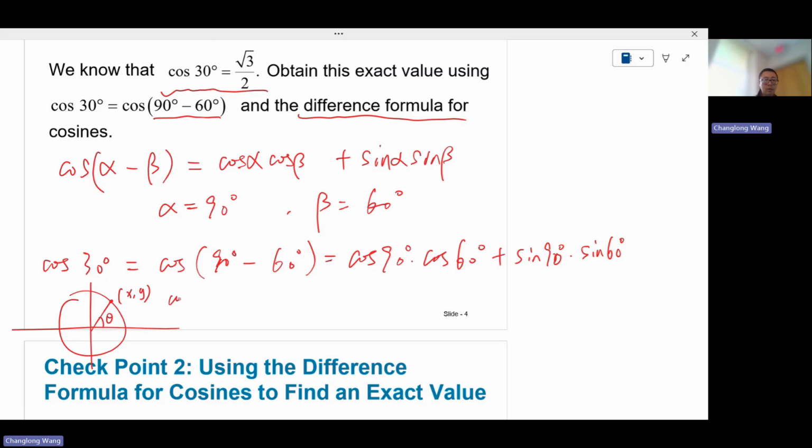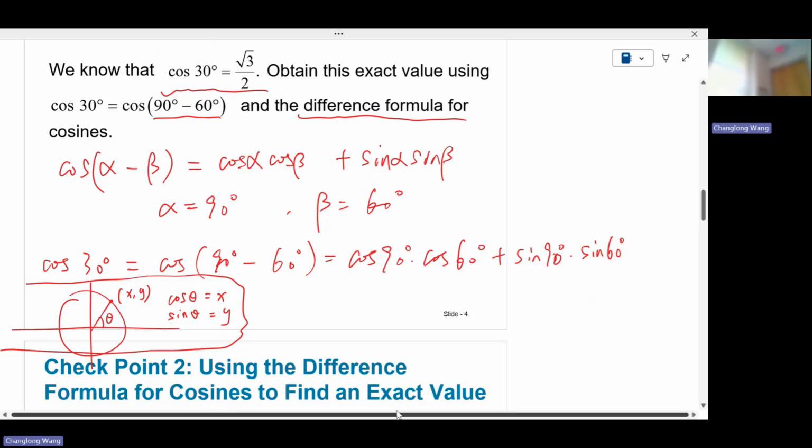Do you guys remember what cosine theta is defined as? It's either y or x, and it turns out it's x. Once you figure out that cosine theta is x, you know that sine theta must be y. It's not too hard, if you just remember it.